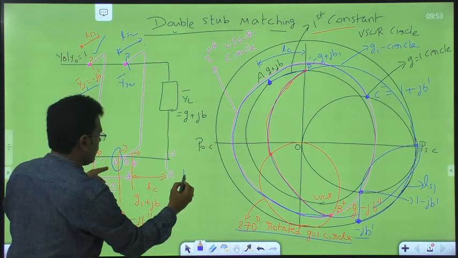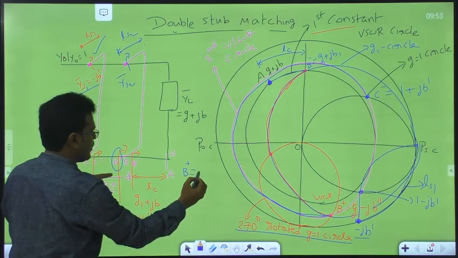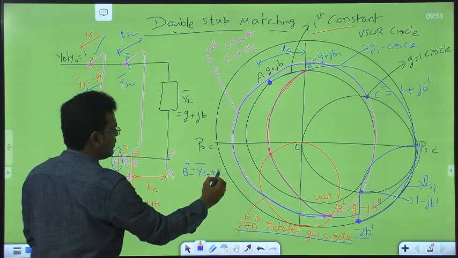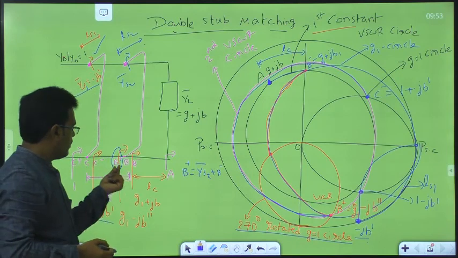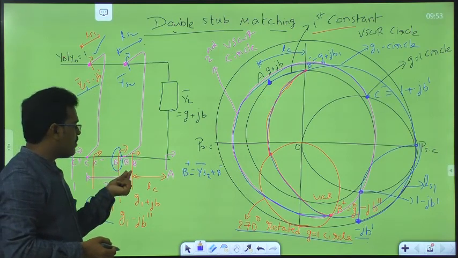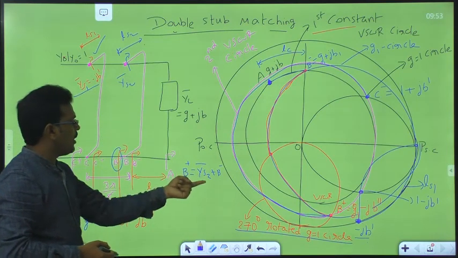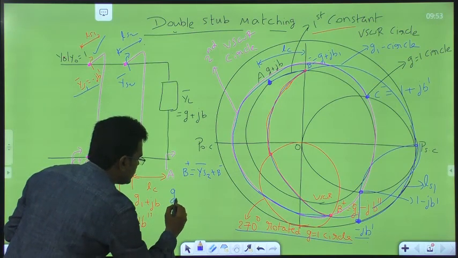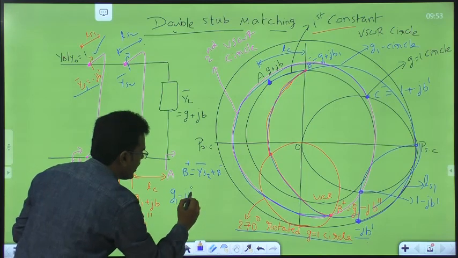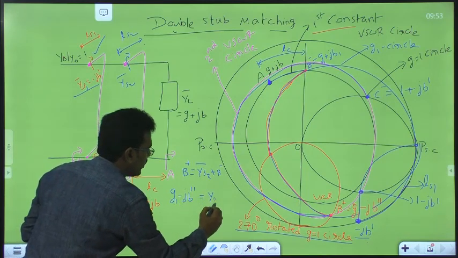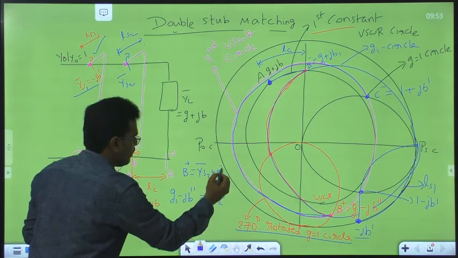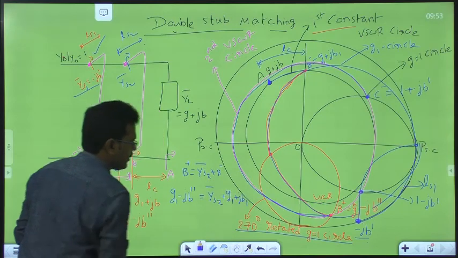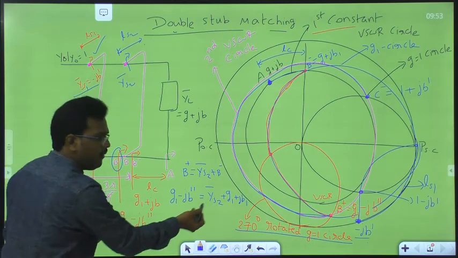Here we can see that the admittance at B plus is equal to the admittance of the second step plus the admittance at B minus. The value at B plus is G1 minus jB double dash, equal to the unknown YS2 bar plus the value at B minus, G1 plus jB1. From this, find the value of YS2 bar.